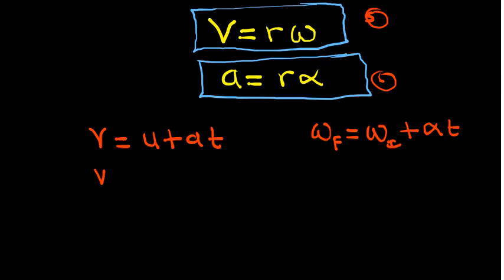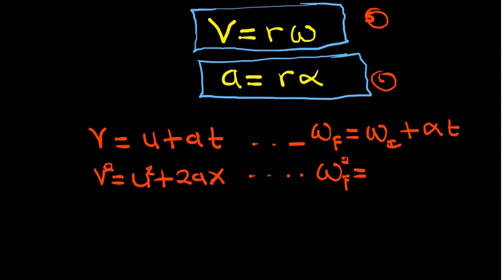You might have v squared equal to u squared plus 2as. Manipulating this for objects moving in a circular position, the final angular velocity squared is equal to the initial angular velocity squared plus 2 times the angular acceleration, which is referred to using alpha.